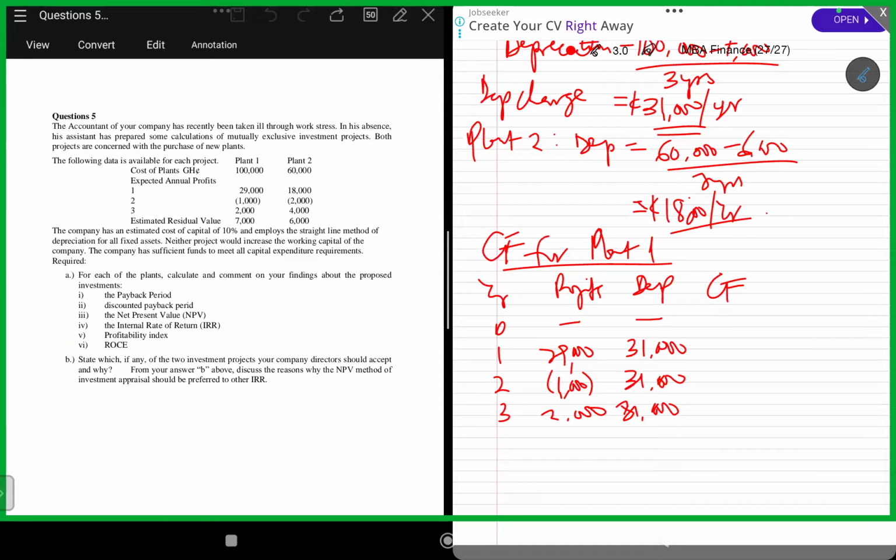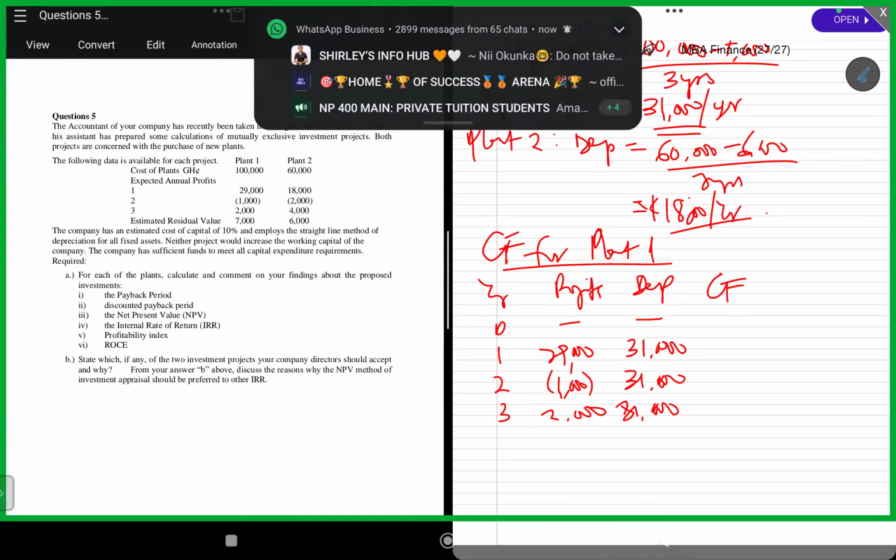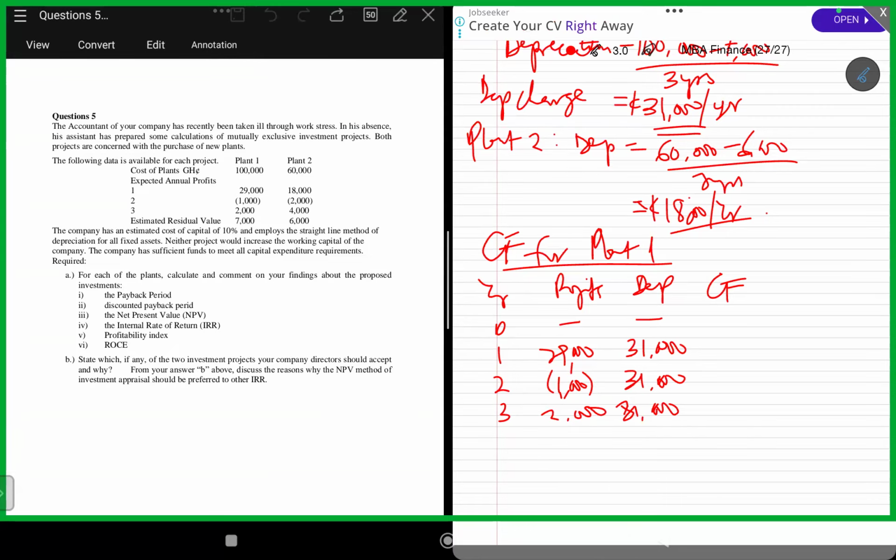So now year 0. The cash flow for year 0 is the cost. What is the cost of plant 1? 100,000. So that's the cash flow. Then year 1, what is the cash flow? You add the profit to the depreciation. 60,000.